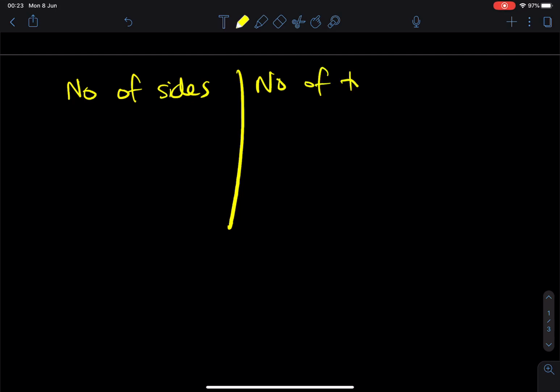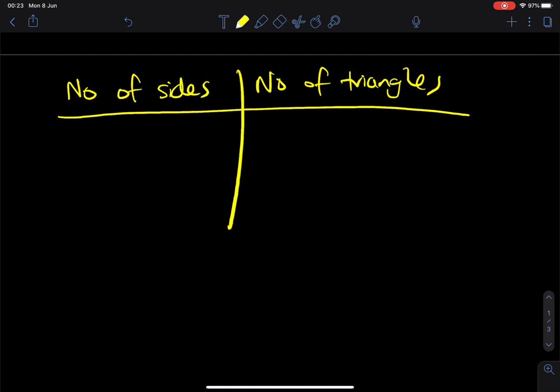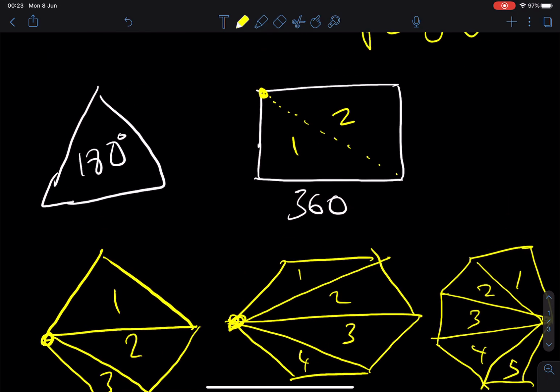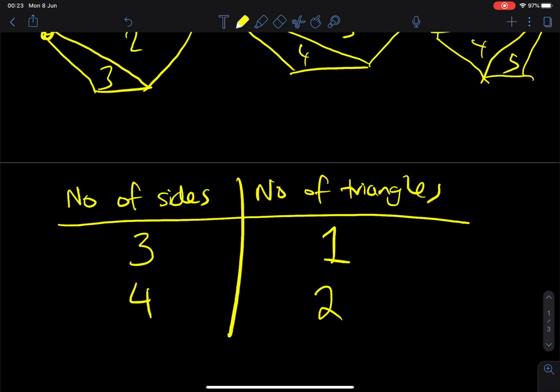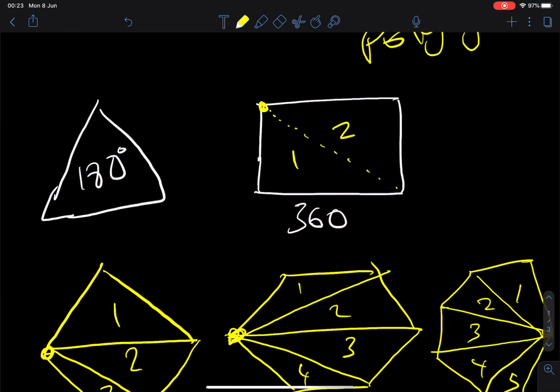If I was to put that into a list, number of sides, number of triangles. If I have a three-sided shape, I've got one triangle. A triangle is a triangle. If I've got a four-sided shape, I can fit two triangles inside.